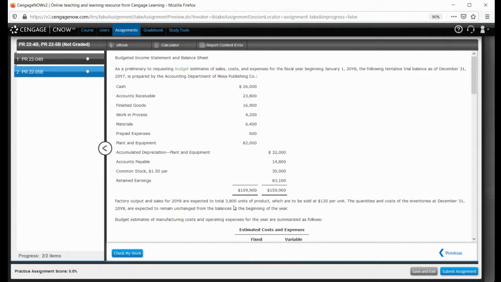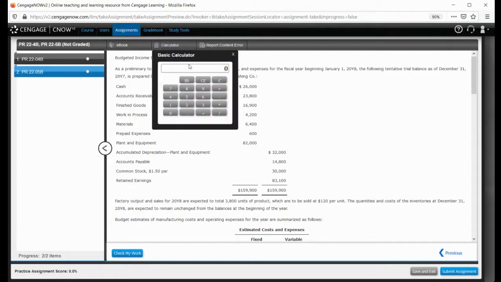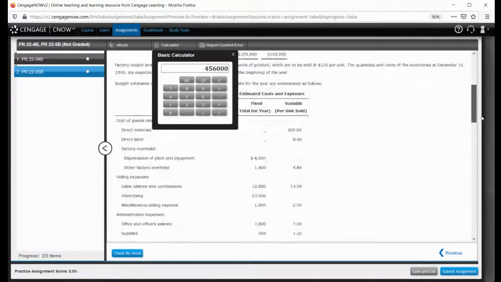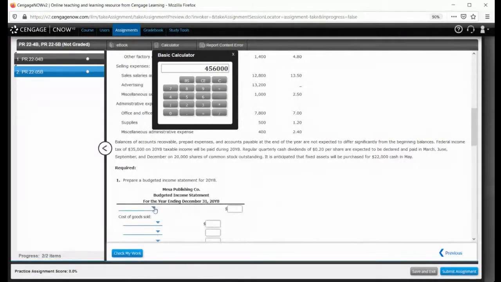So that 3,800 units is going to be multiplied by the selling price per unit to get the amount of the sales. So we're simply going to multiply 3,800 times the selling price of $120, and both of these are given in your problem. So the total amount of the sales for this period of time that would be plugged into your budgeted income statement is $456,000.